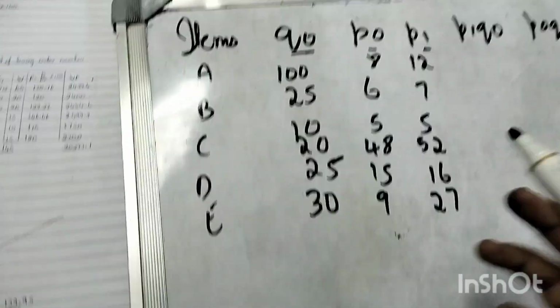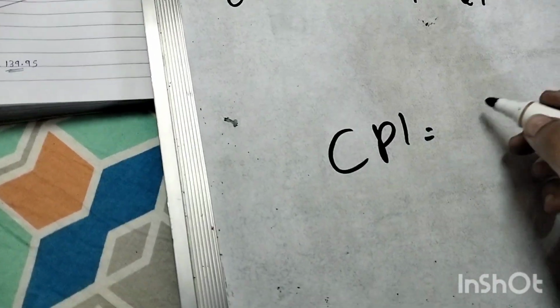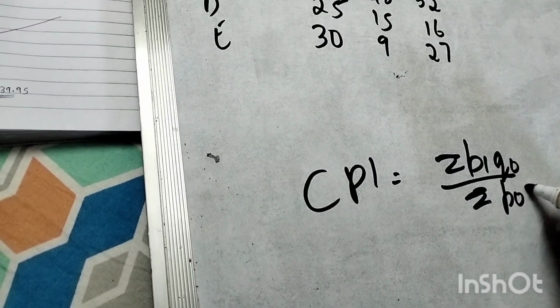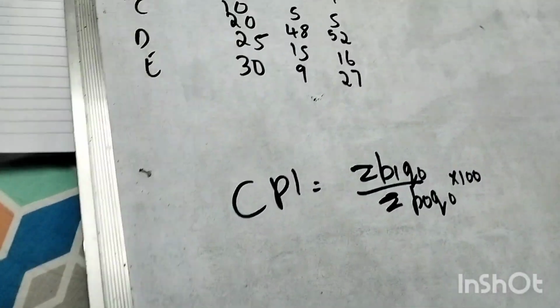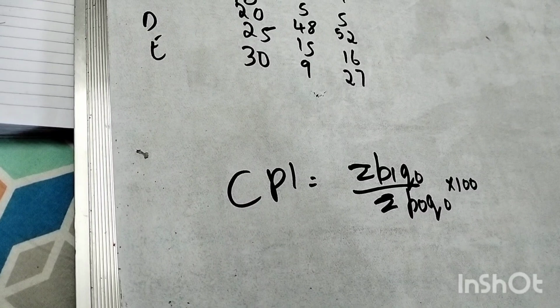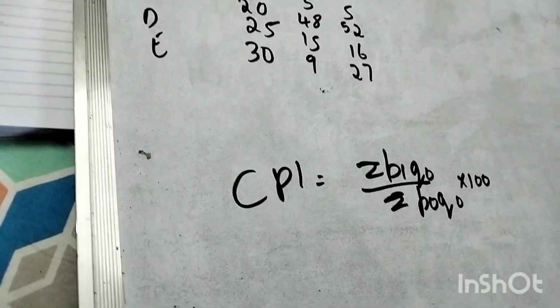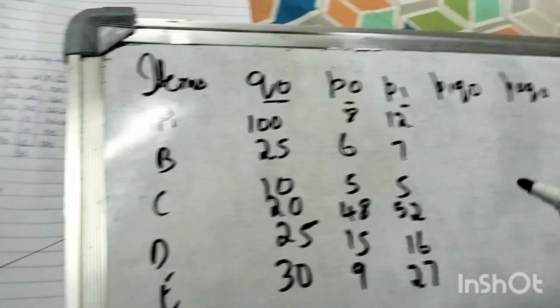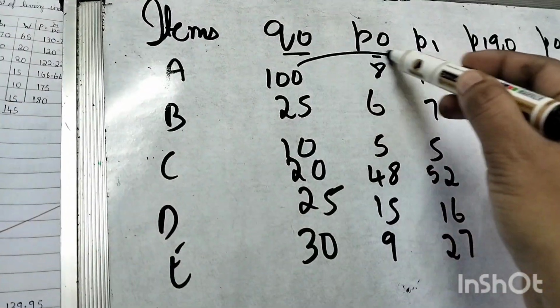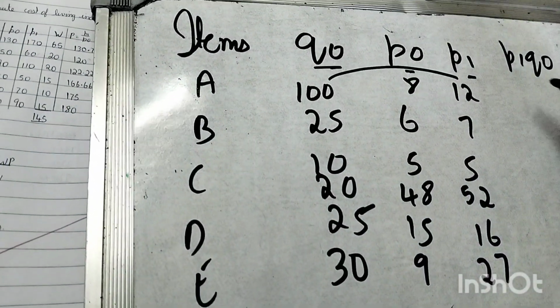So the formula for CPI is nothing but, this is aggregative expenditure method. So this is summation P1 Q0 by summation P0 Q0 into 100. You need to actually ignore my handwriting because I'm holding the phone in one hand and writing with the other. So please excuse me. So P1 Q0, you need to multiply these two. Okay.